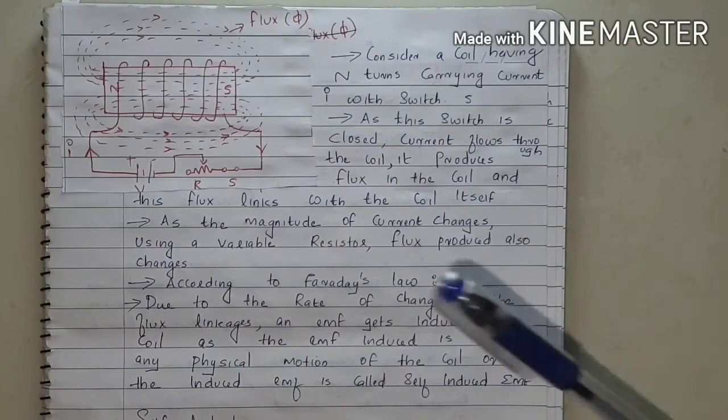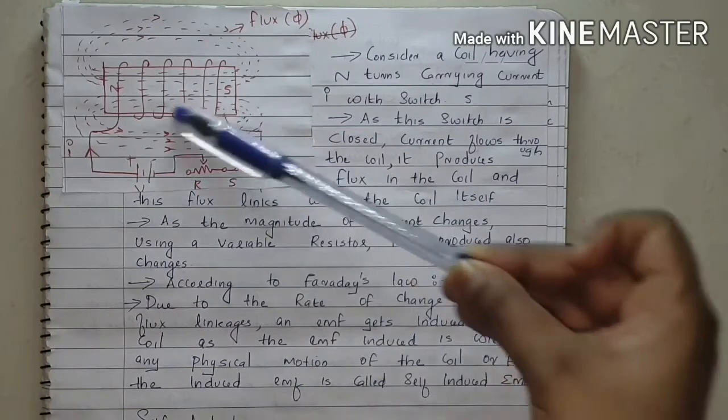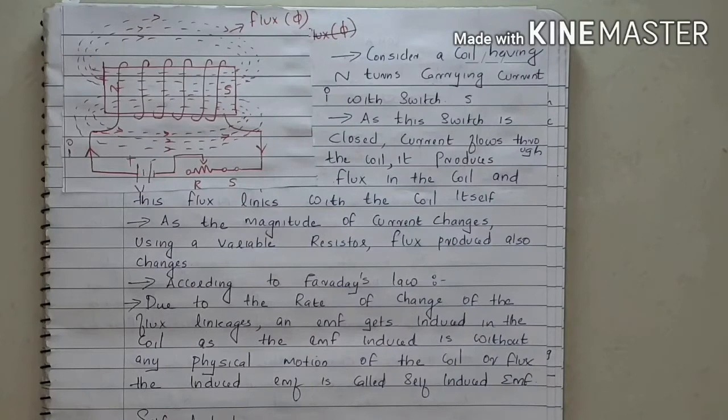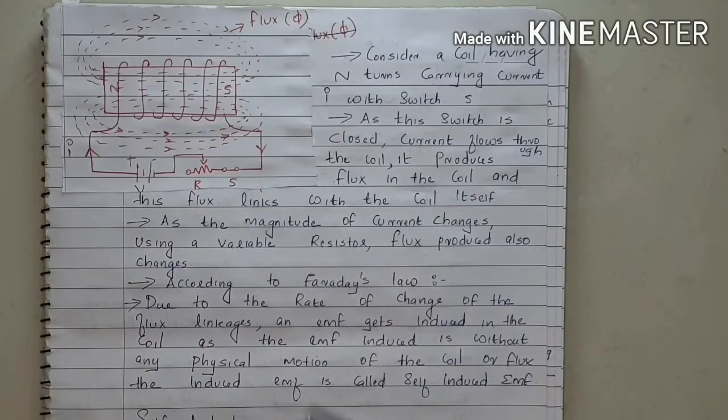According to Faraday's law, due to the rate of change of flux linked with the coil, an EMF gets induced in the coil. As the EMF induced is without any physical motion of the coil or flux, the induced EMF is called self-induced EMF.